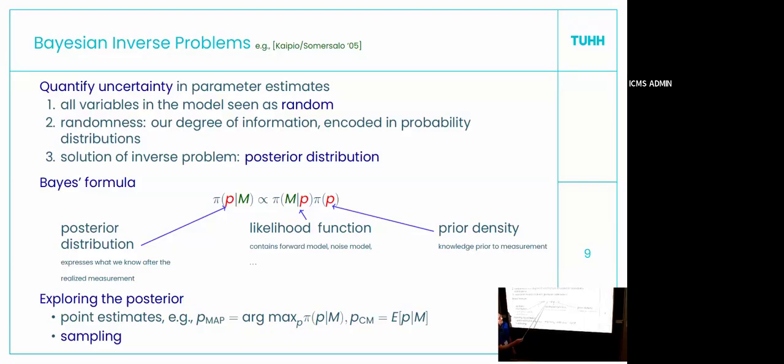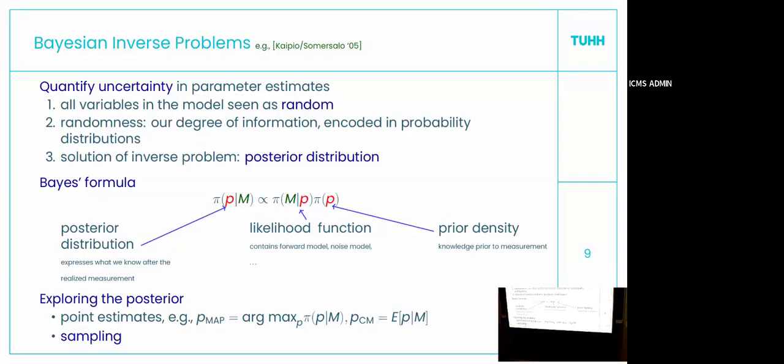And then Bayes' theorem gives you a posterior distribution that tells you what you know about your parameters of interest given the measurements. And then you can do things with this posterior distribution.